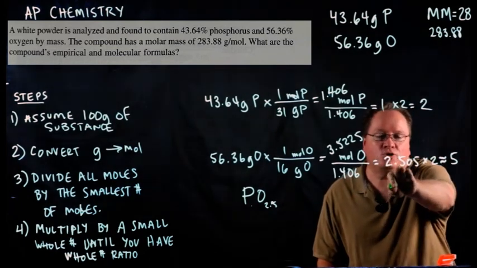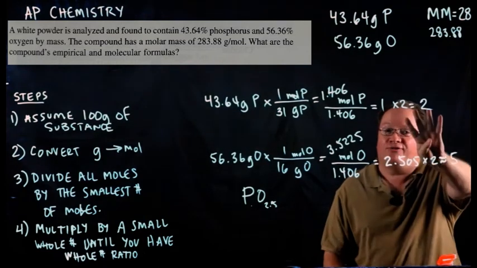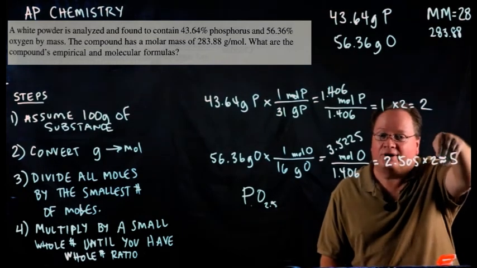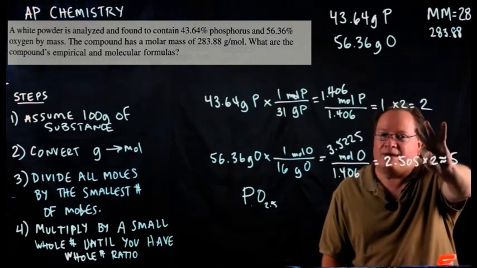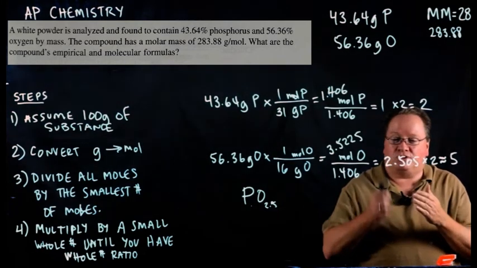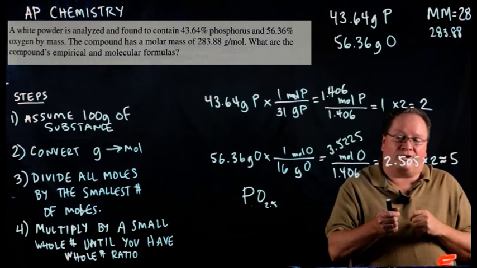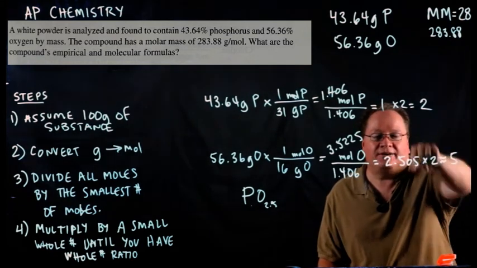If I see a 2.25, I know that that ratio is going to be a 4. I have to multiply both by 4. If it was 2.33, I know I'm going to have to multiply both of them by 3. So when those ratios come out really close to a third or a half or a quarter, figuring out what this multiplier is going to be is easy.